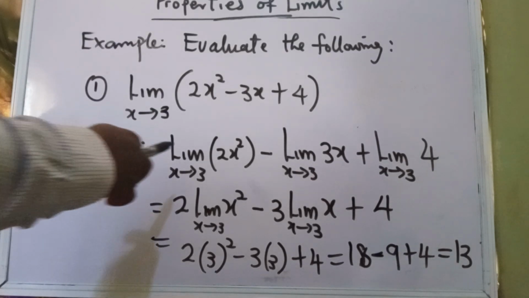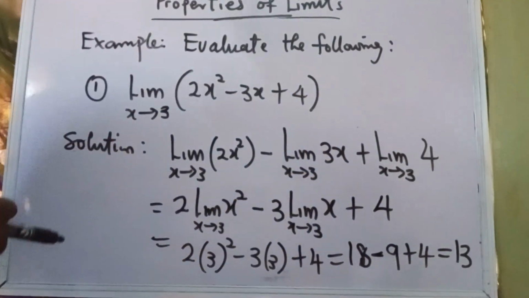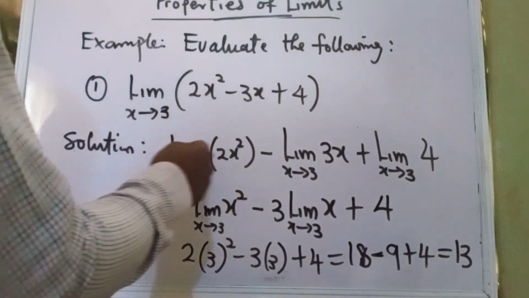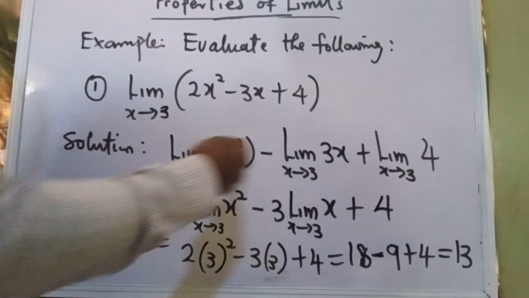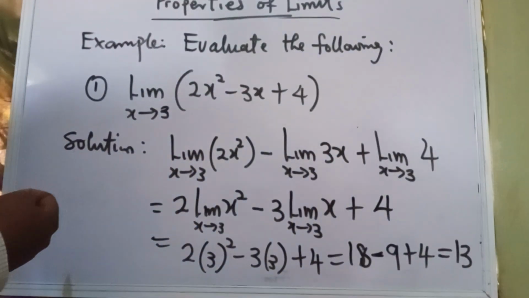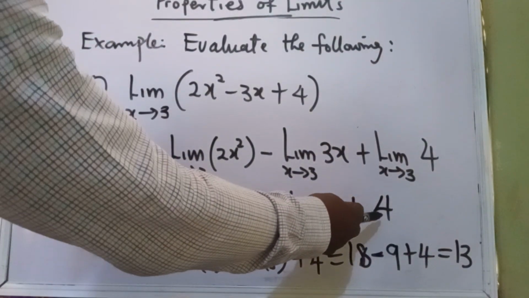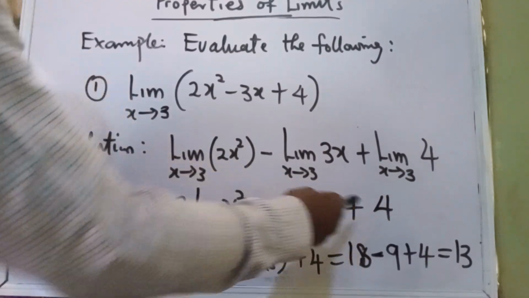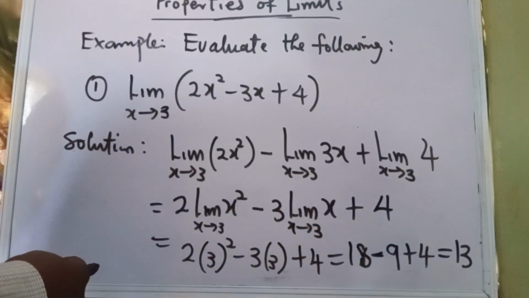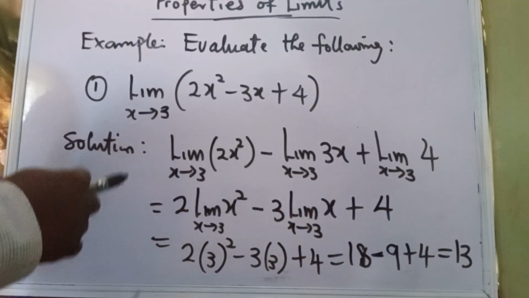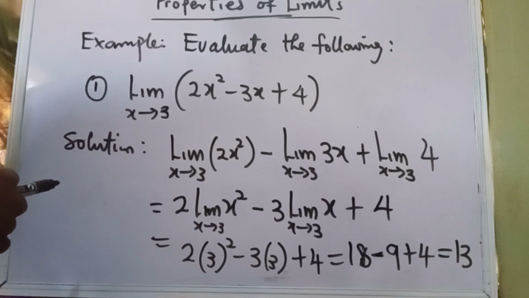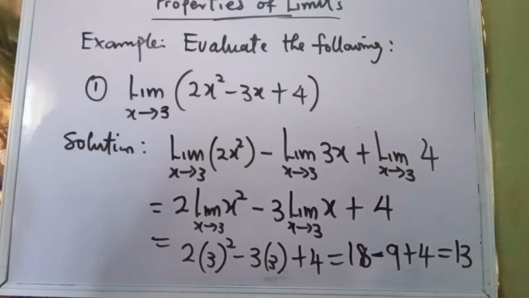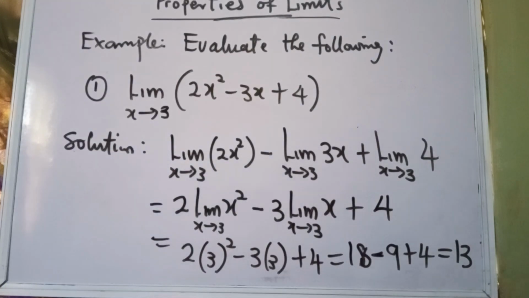So here we have applied about 4 properties. The first one is the sum and difference property, so we use that to split the first thing here. Secondly, we apply the limit of a constant, which is the constant. Then we apply the property we have in property 8, under the special limits.